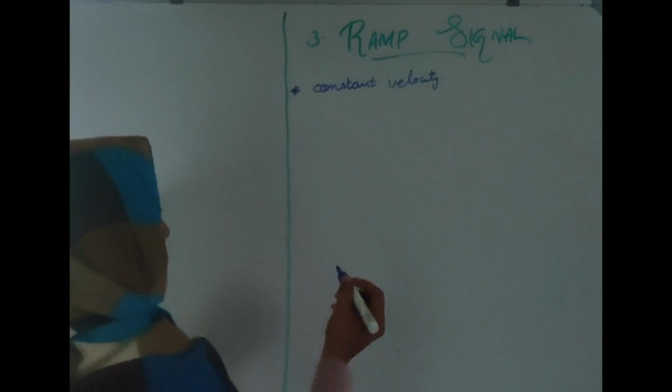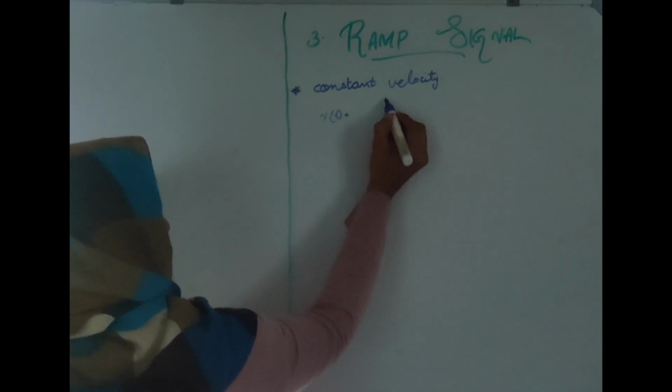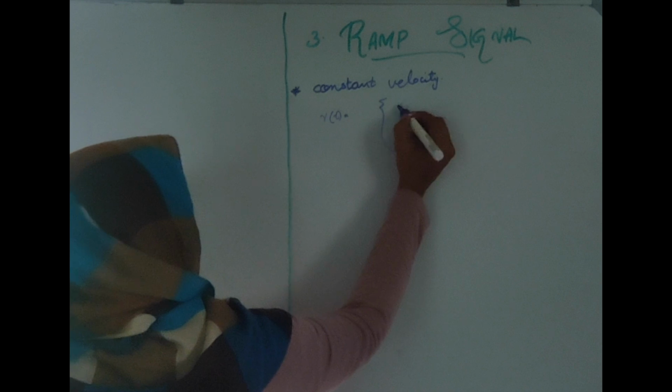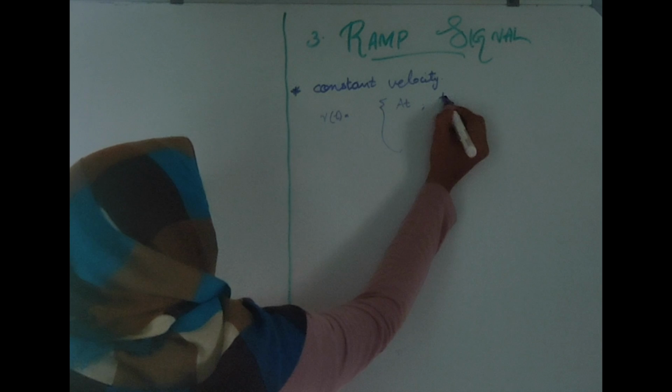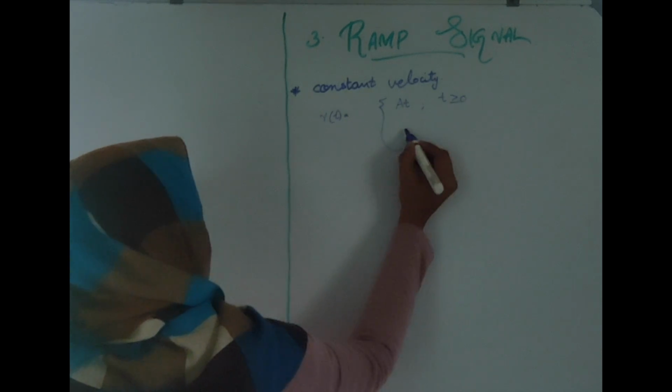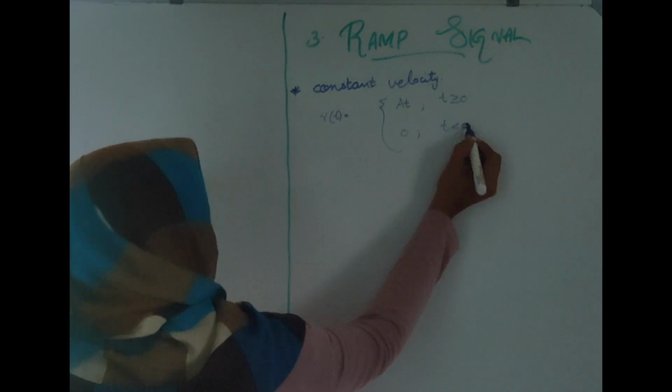So we can define the ramp signal r of t equal to a t for all t greater than or equal to 0, and 0 otherwise, that is, when t is less than 0 it will be 0.